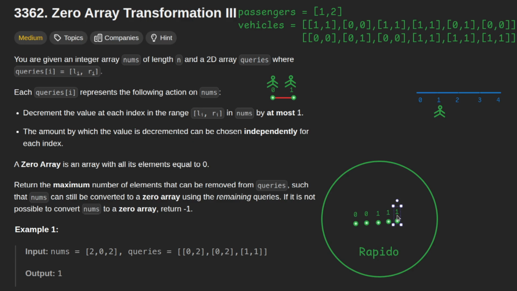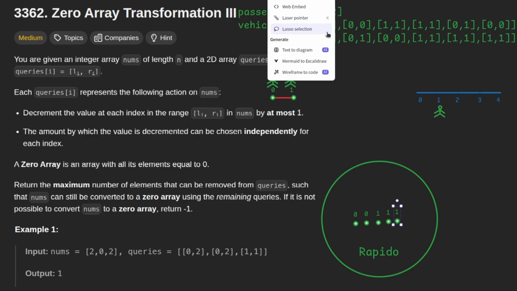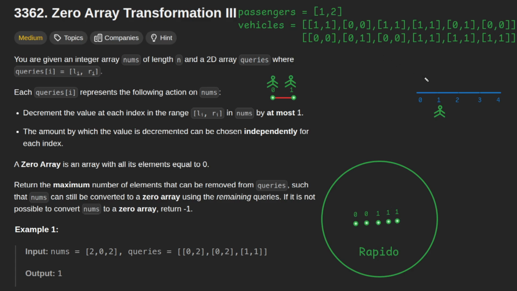Now Rapido asks, is there any captain interested in going to sector 1? Yes, there are 3 captains. Is there any passenger who is interested in going to sector 1? Yes, there is a passenger also. It does not have any choice here, although it has 3 choices, all are of the same length.